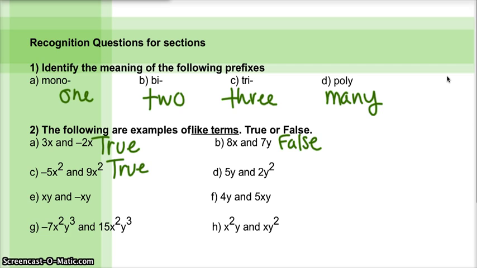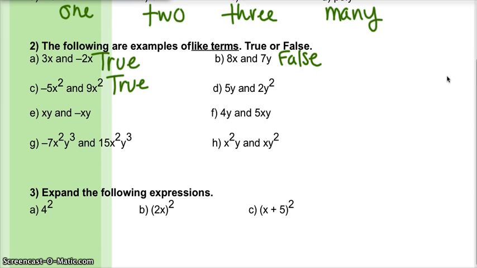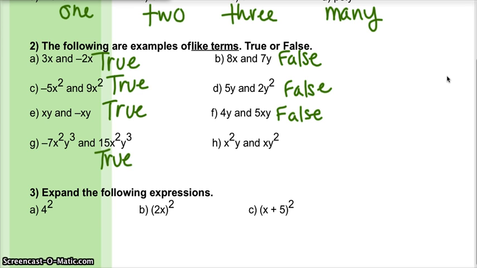Letter D, these are not like terms. Letter E, like terms. Letter F, unlike terms. Letter G, these are like terms. And letter H, these are unlike terms.